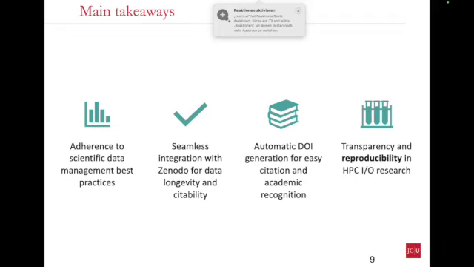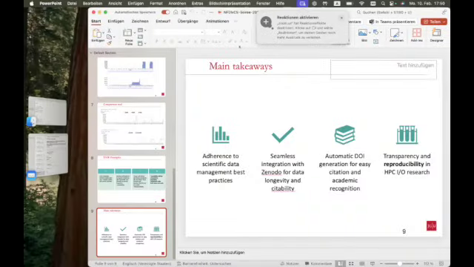It will allow us to publish and keep our promises. So that was a very quick introduction, and I'm happy to answer any questions.